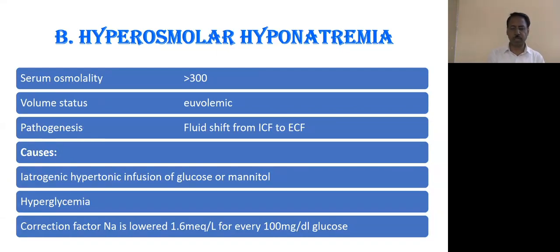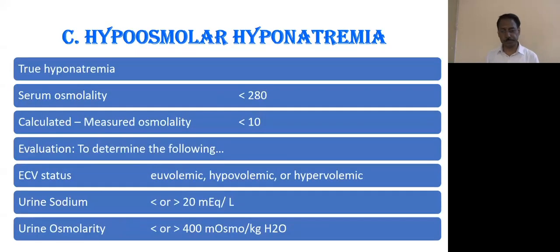There is again a calculation. If you have a person who has come with very high sugars and is showing hyponatremia, there's a calculation for how you can adjust the sodium as per the level of the sugar. The formula is given there. You can use that and recalculate the corrected sodium.